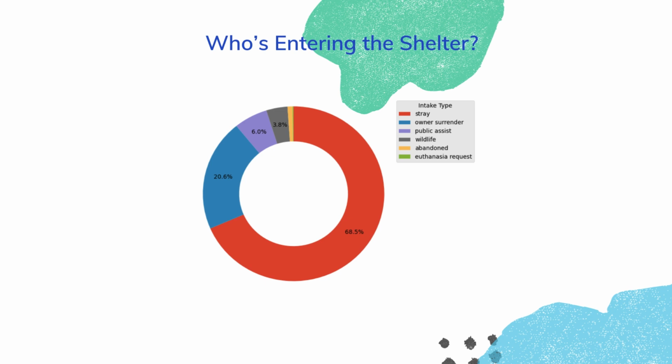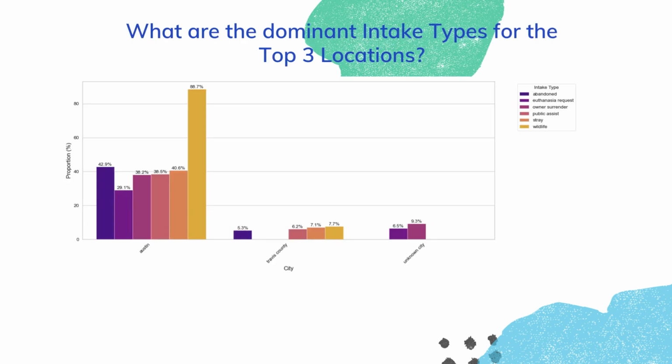So who's entering the shelter? Essentially, strays, owner surrender, public assist, and wildlife account for the majority of the animals that enter the shelter. What are the dominant intake types in the top three locations? As mentioned before, Austin and Travis County account for the majority of the animals that come into the shelter.